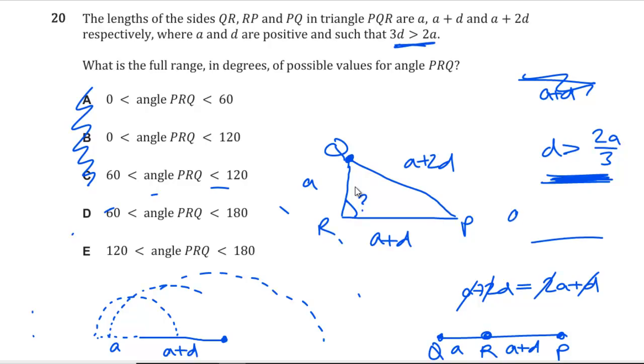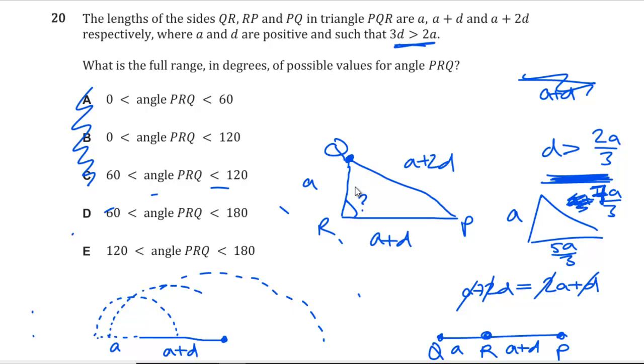We'd have an A there for one side. We've got A plus 2D, so that's A plus 4A over 3, and then A plus D, so that would be 5A over 3. This would be 7A over 3.